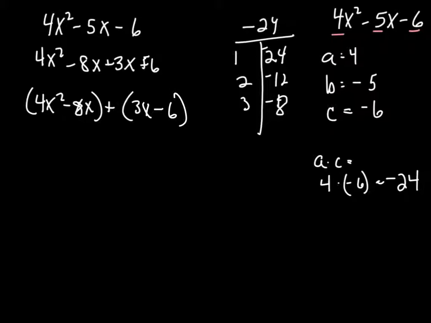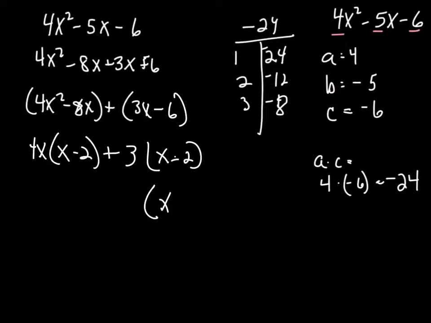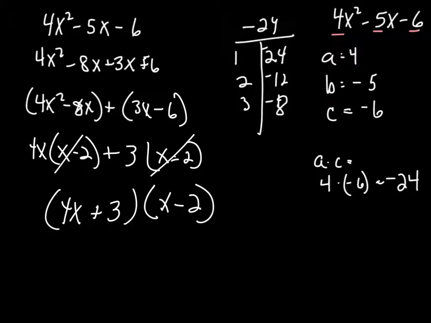So taking out my groups, I can factor out a 4x, leaving behind an x minus 2. And then I can factor out, of course I want to have x minus 2 again, and that is going to leave me taking out a 3. So if I do that, then one of my binomials is going to be x minus 2, and my second binomial is going to be 4x plus 3. And that is factoring by grouping.